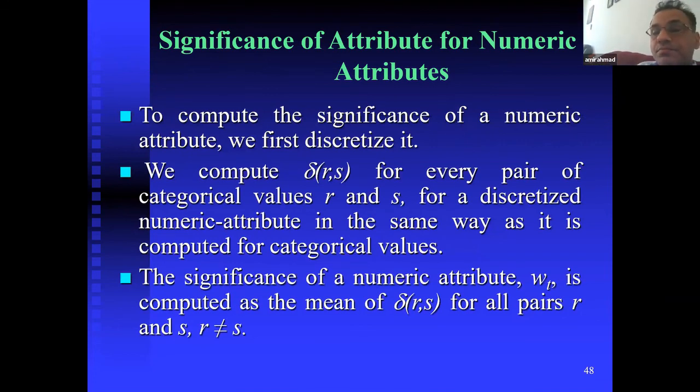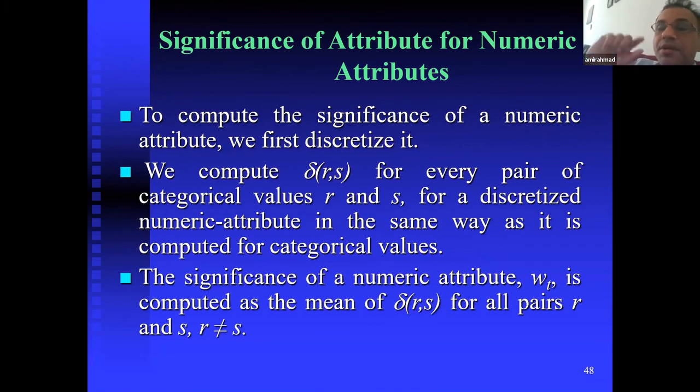Now, the third point was how to find the significance of attributes for numeric attributes. All attributes are not the same. So for this, we discretized all the numeric attributes, so now they are categorical attributes.